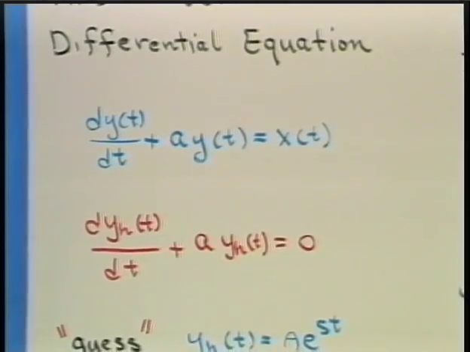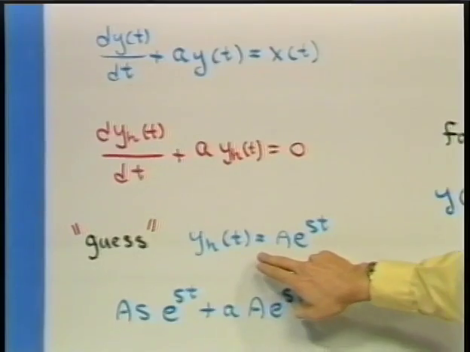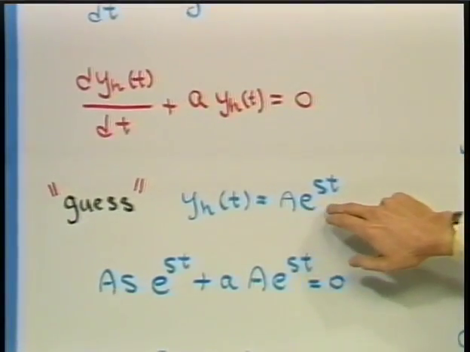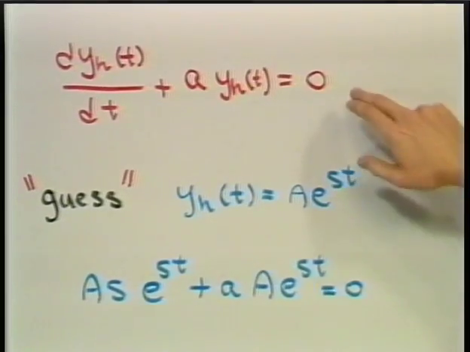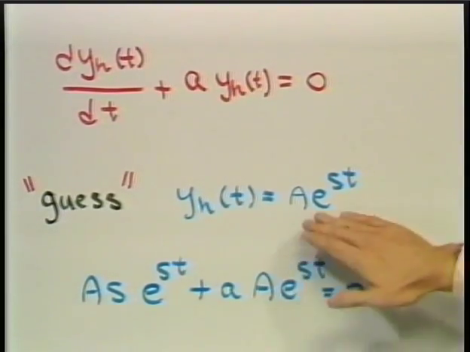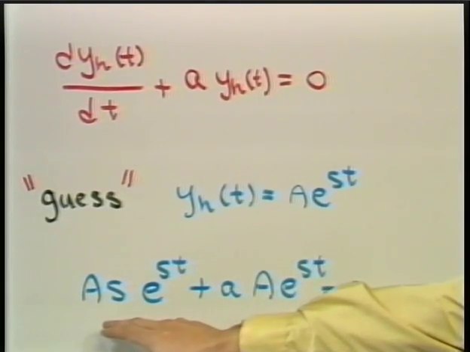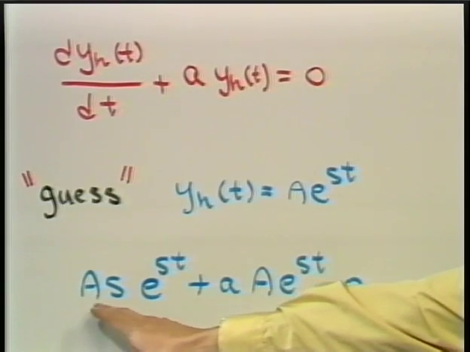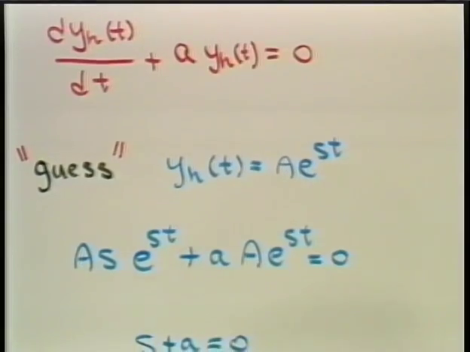We, in essence, guess or impose a solution of the form: the homogeneous solution is an amplitude factor times a complex exponential. Substituting this into the homogeneous equation, we then get the equation that I've indicated here. What you can see is that in this equation, I can cancel out the amplitude factor and this complex exponential.